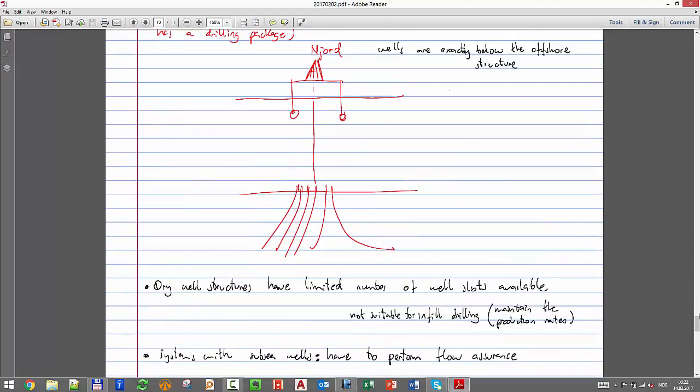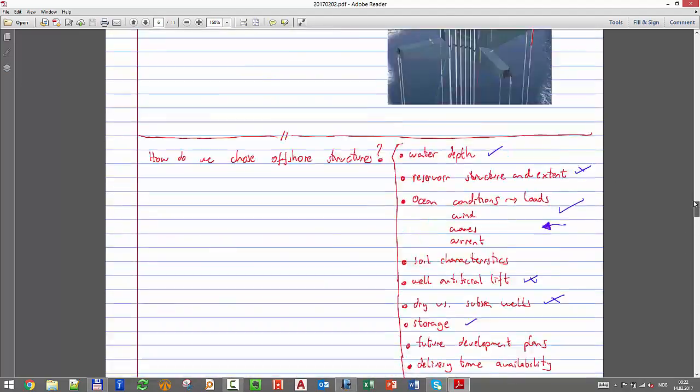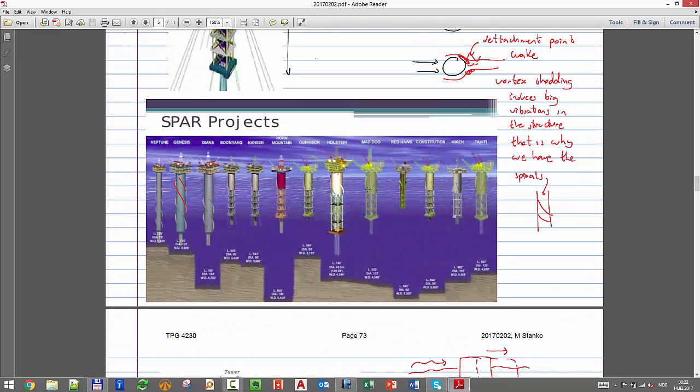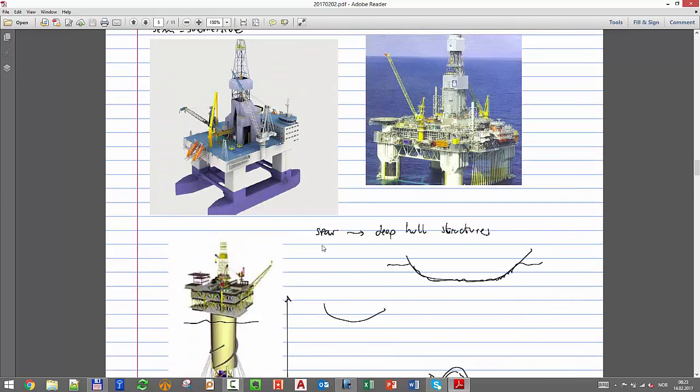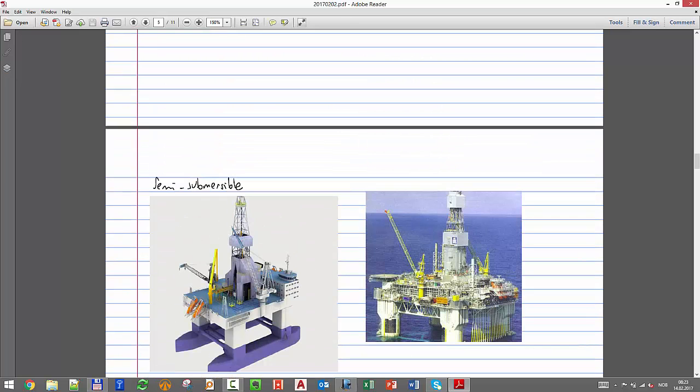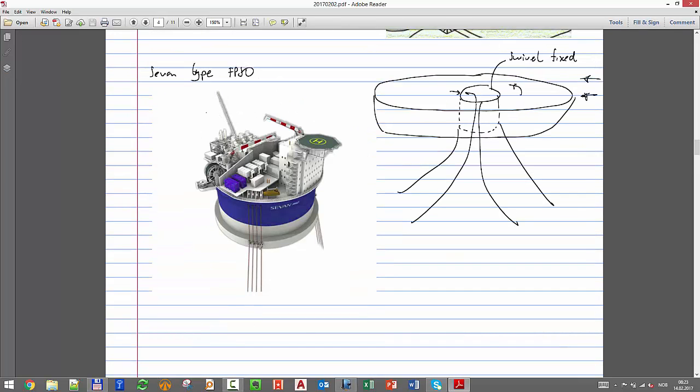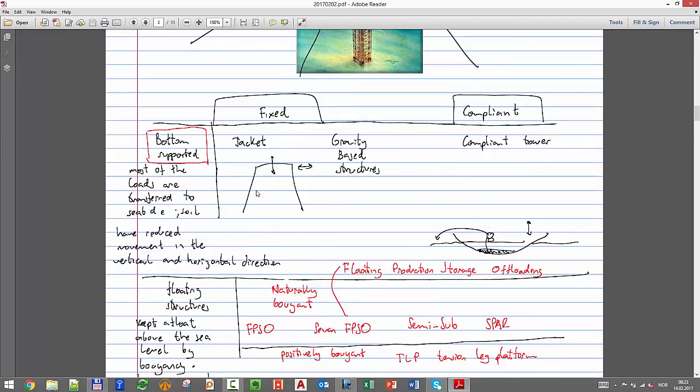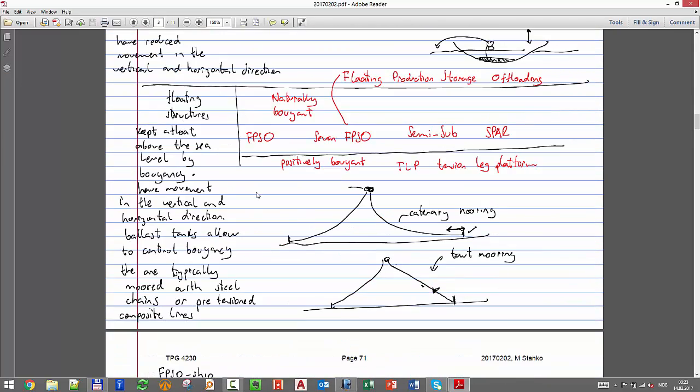I have a picture of the spar. Okay, the spar looks like that. All the hull that it has below the water surface allows it to stabilize somehow, and it restricts the movement a bit in all directions. Semi-subs are usually used for subsea wells and also FPSOs. And yeah, I think that's pretty much what we had.